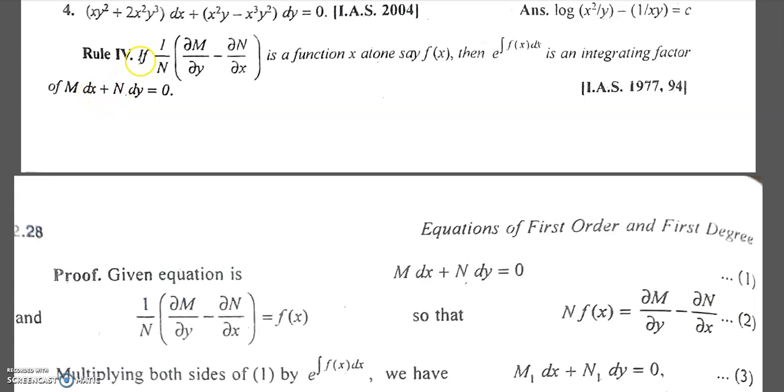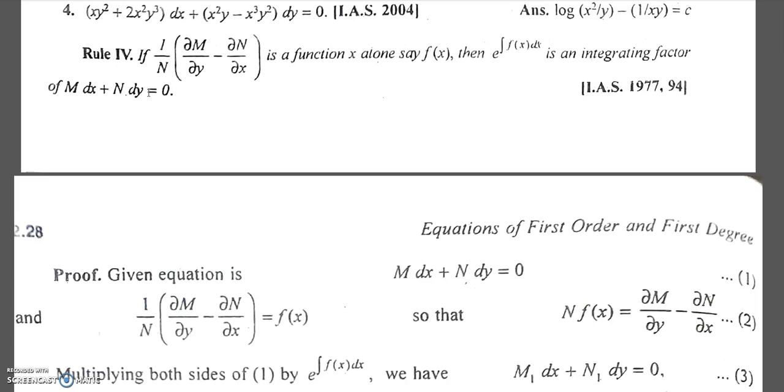Now if we have 1 upon N of (del M/del y minus del N/del x) as a function of x alone, say f(x), then e power integral f(x) dx is an integrating factor of M dx plus N dy equal to 0.